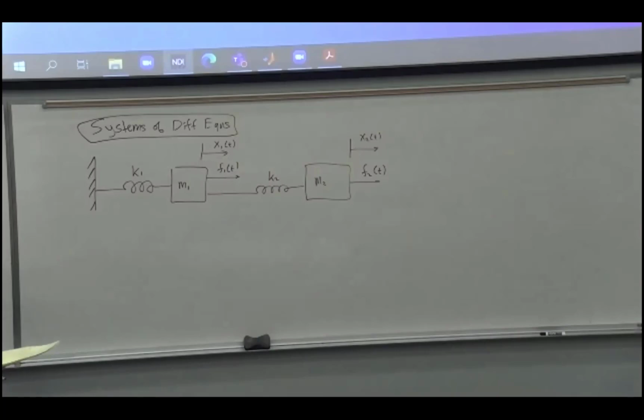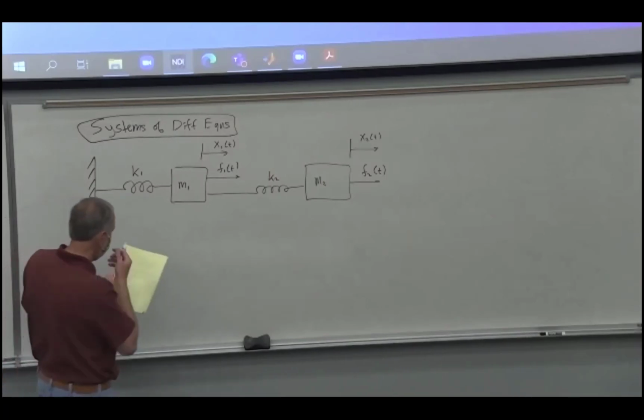As we go through this, I'll show you how you do it one equation at a time, but then at the end, I'll show you how you can stick both equations into a standard form called state space form. And once you get to that point, it's not very hard to jump to three equations, or four, or five, or 100, or 1,000. It's the same exact form and the same exact format.